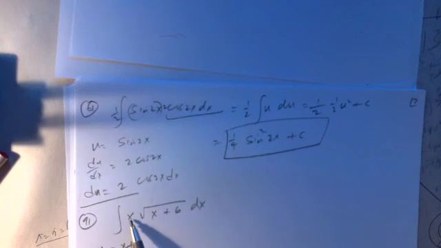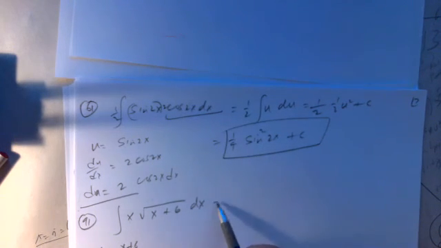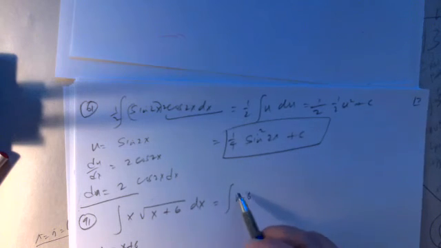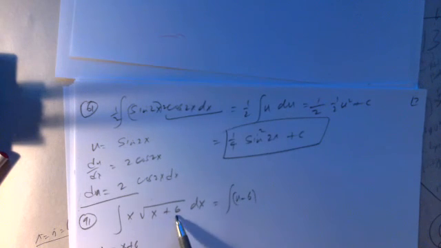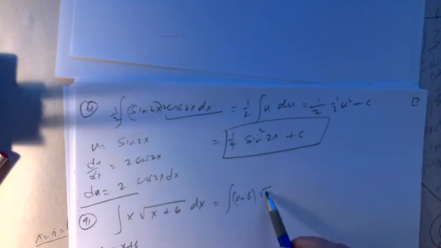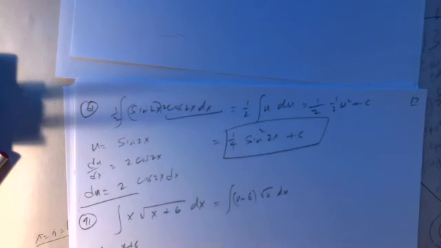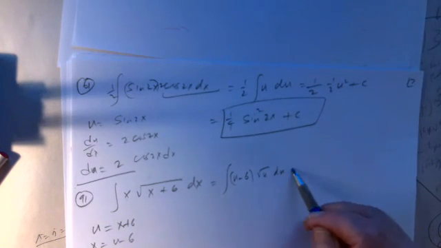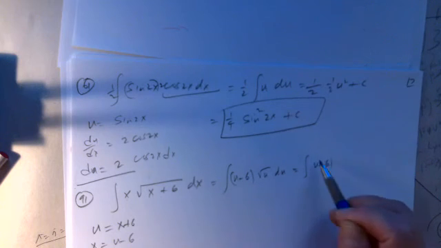And in that case, x is equal to u minus 6. So what we get is the integral of x, u minus 6, times the square root of x plus 6, that's the square root of u. And now we don't have to do anything fancy at all. This is the integral of u minus 6.